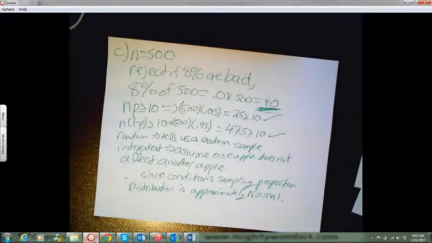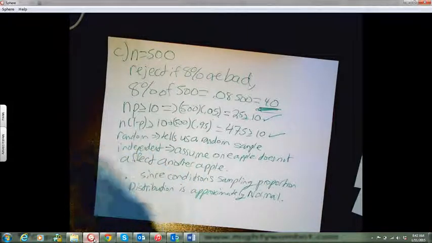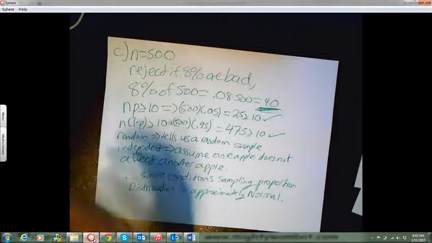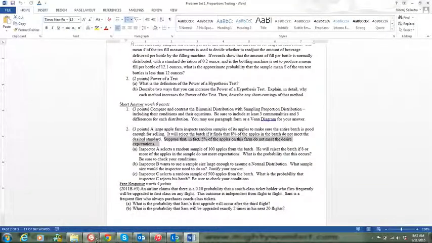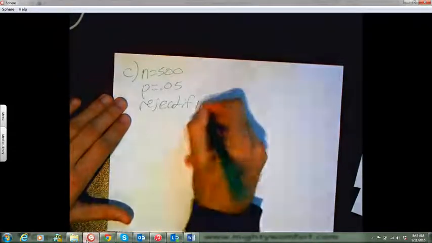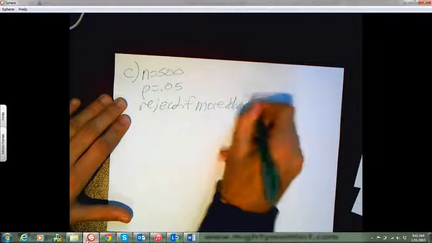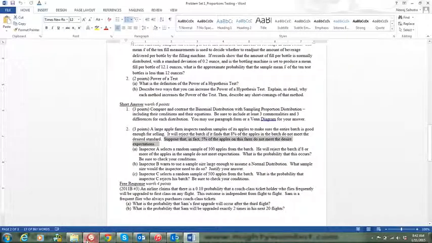Okay, alright, so now we got this, and we push forward to do one last thing. We checked our conditions. Now we just need to answer the question. What is the probability that I reject the batch? Well, remember, N was 500. P, the probability of a bad apple, is still 0.05. And we reject if 40 or more are bad.